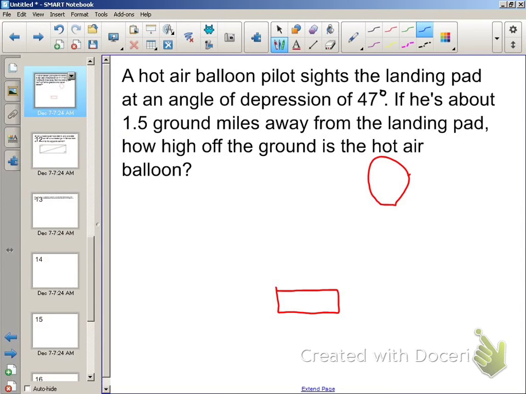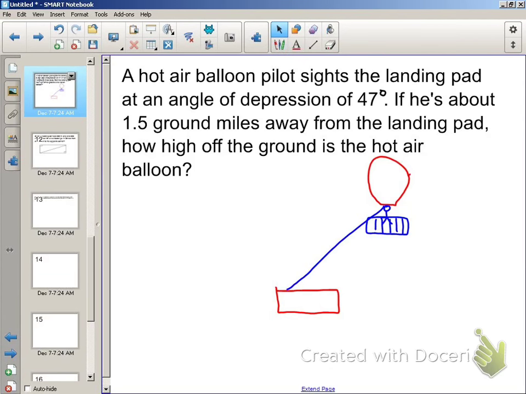And we know that the hot air balloon pilot, he's standing here in a bucket, sights down at the landing pad, and we know that it's an angle of depression of 47 degrees.